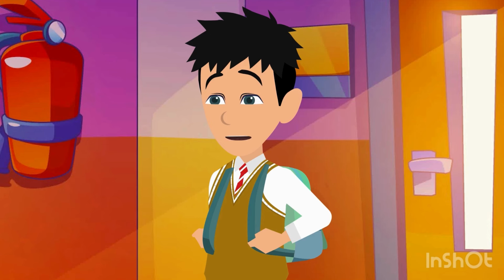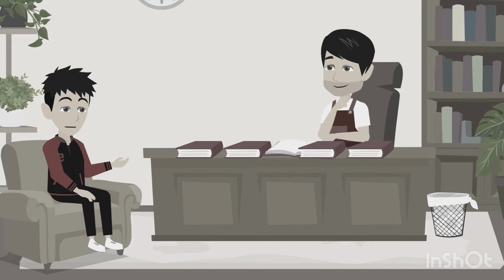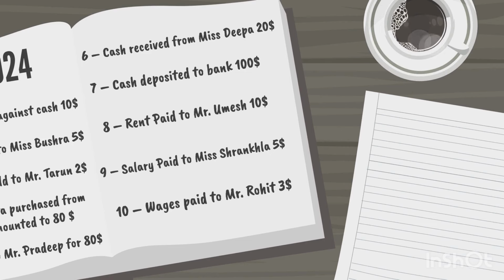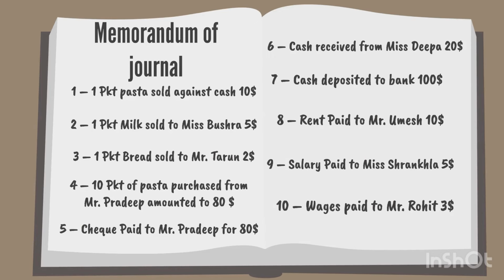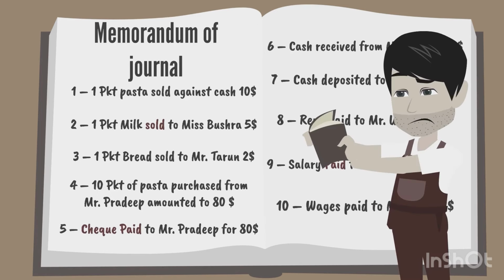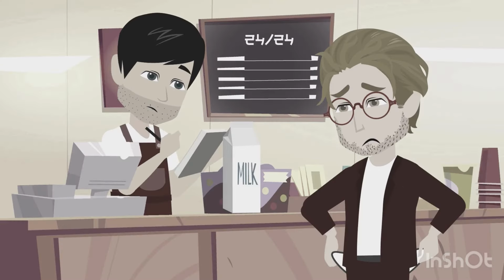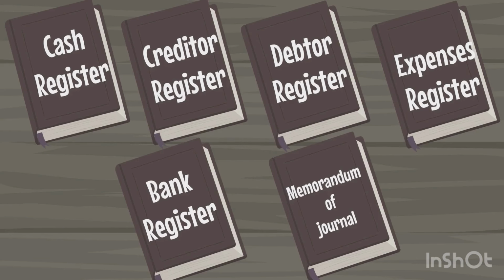Yesterday I visited the accounts office and asked, Papa, why are you doing this repeated work? The transactions are already recorded in the memorandum of journal. Great question. The Memorandum of Journal records all transactions, but it doesn't show detailed information like cash balances, what we owe, or what's owed to us. These registers help us classify and track these things clearly.